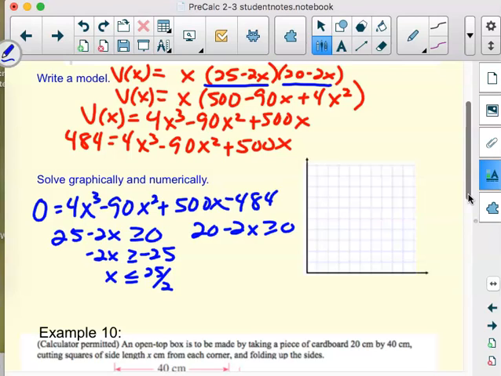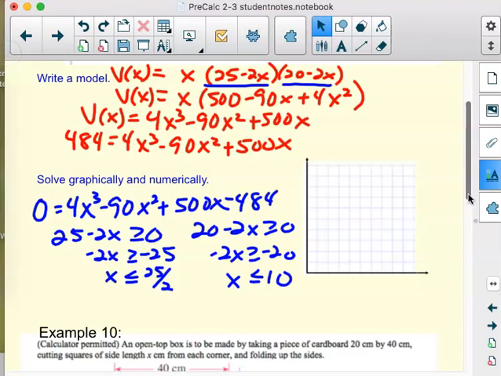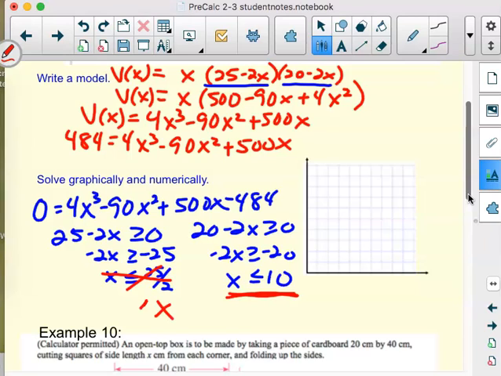We also know it has to be bigger than 0. And then the other one, we'd subtract 20 from, and then divide, again switching the signs. And we find out that x being less than or equal to 25 halves wasn't small enough. It's going to be too big at 25 halves, at 12.5. We've got to keep that under 10. So as we think about it in terms of inequalities, our x values need to be between 0 and 10.